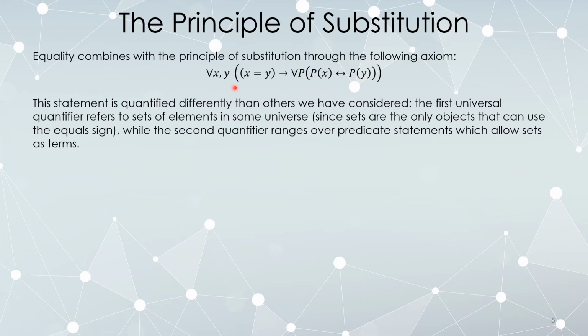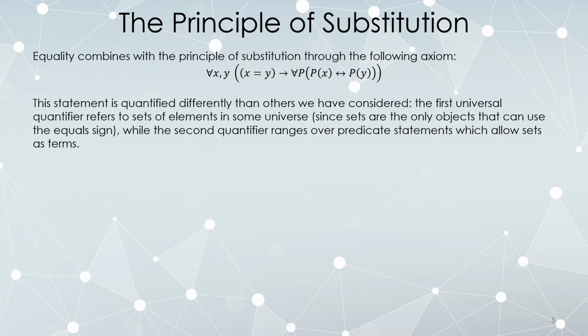But what the principle of substitution here says is, if you have any two sets that are equal to one another, then no matter what predicate statement you form, P of x is logically equivalent to P of y. So if two sets are equal, any predicate statement you form, if it's true for one of them, then it's true for the other. And if it's false for one of them, then it's false for the other one.